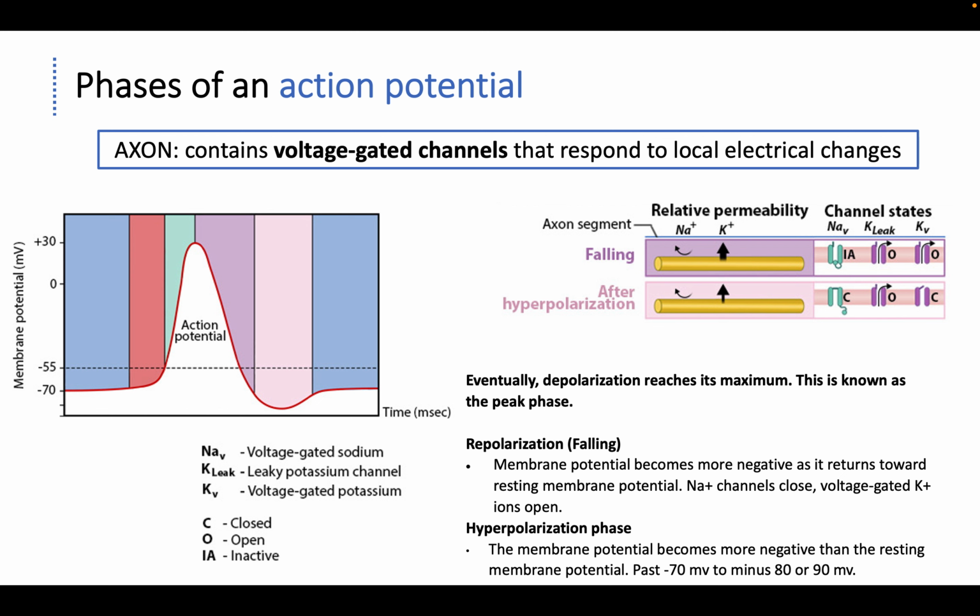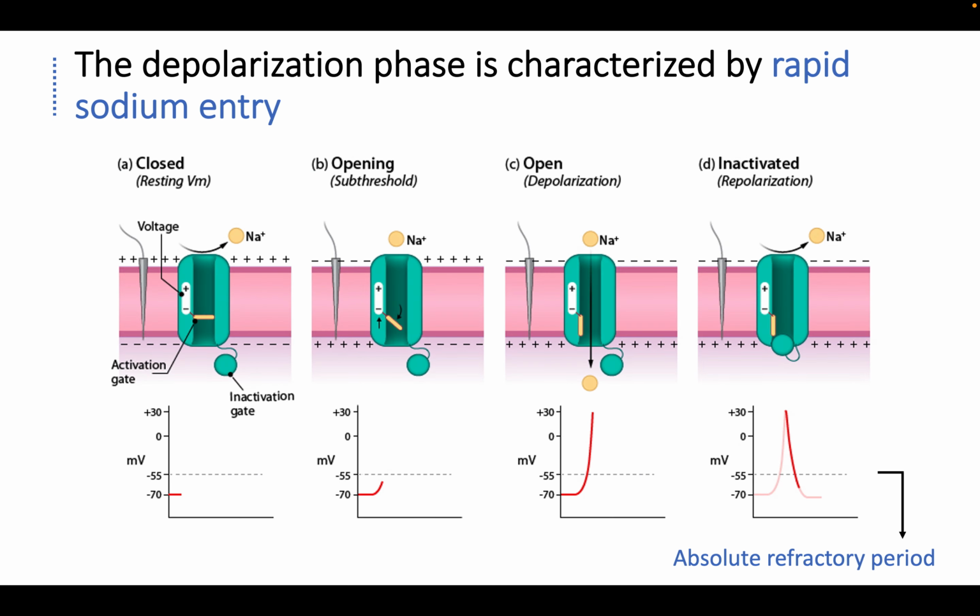All right. So you have this undershoot. We were at negative 70 and we overshot it, and now we're at negative 75 or negative 76, something like that. Right. So this is referred to as the hyperpolarization, sometimes called the after hyperpolarization phase. Okay. And then you slowly increase the membrane potential. You get back up to resting, and then you have the process start over again. Okay. All right.